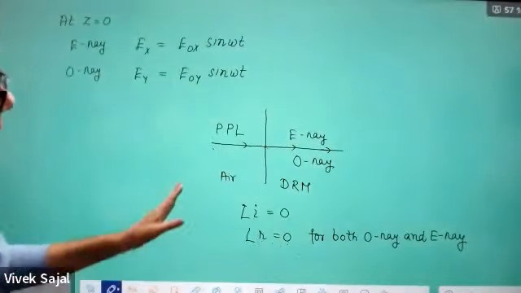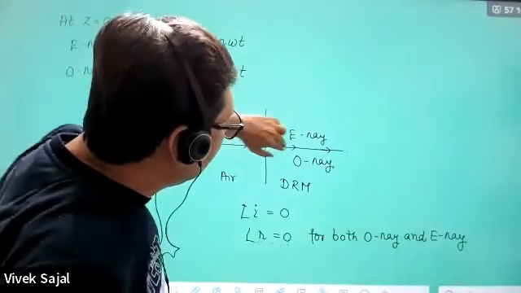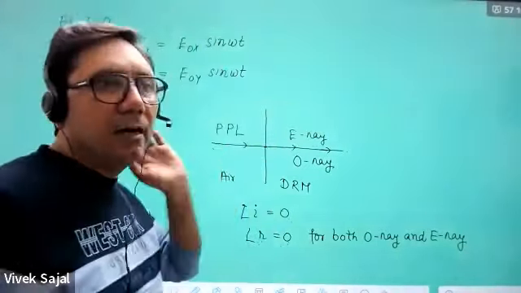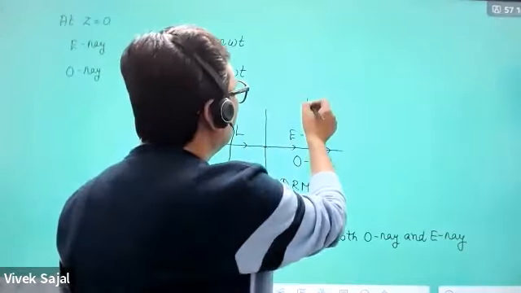Now try to understand, because light is incident normally, E ray and O ray both are traveling along the same line, one behind the other. So here, what can you observe?